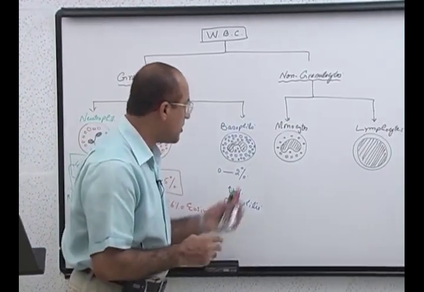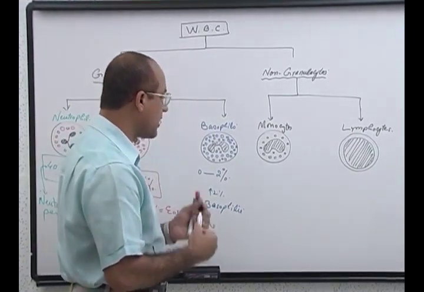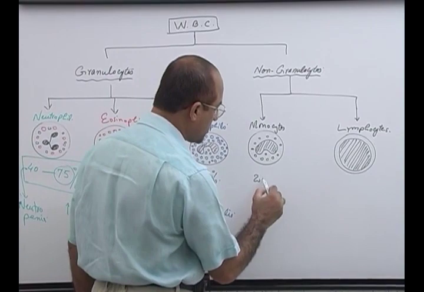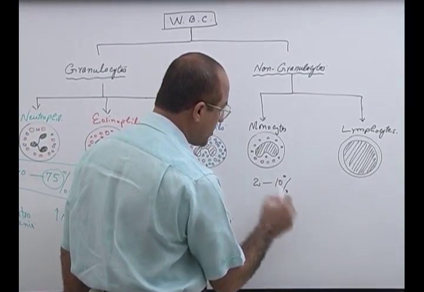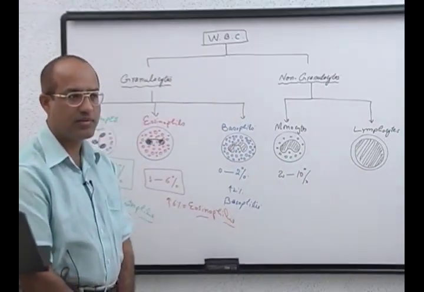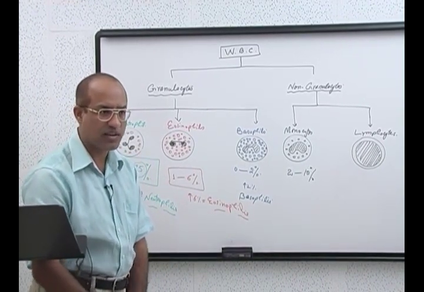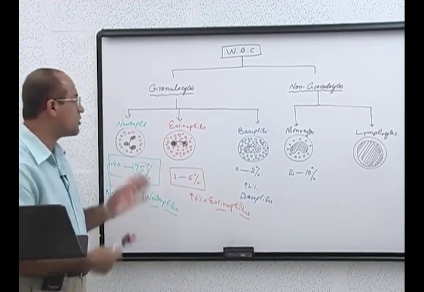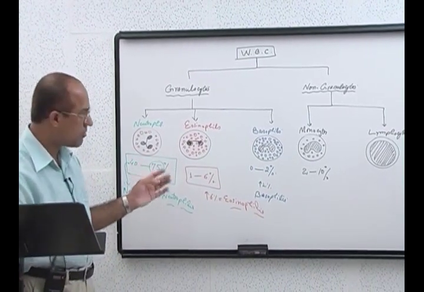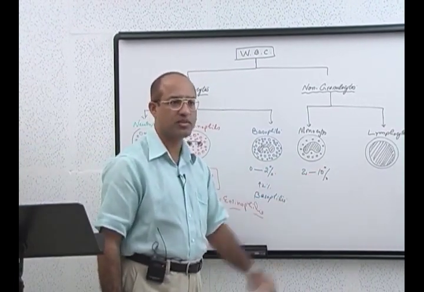Then we come to monocytes. The normal monocyte percentage should be somewhere between 2 to 10% of white cells in the blood. If you have 100 white cells, the most abundant should be neutrophils, and monocytes should be somewhere between 2 to 10%.